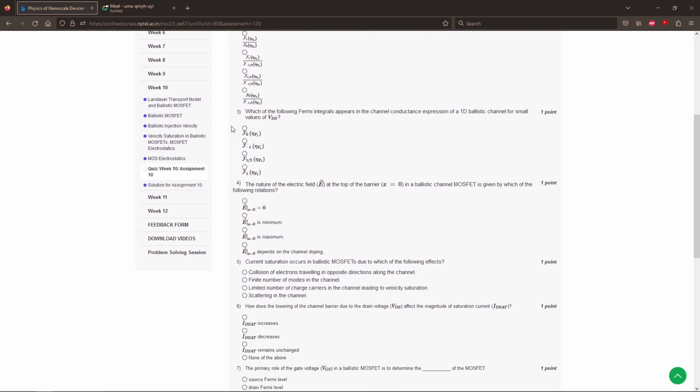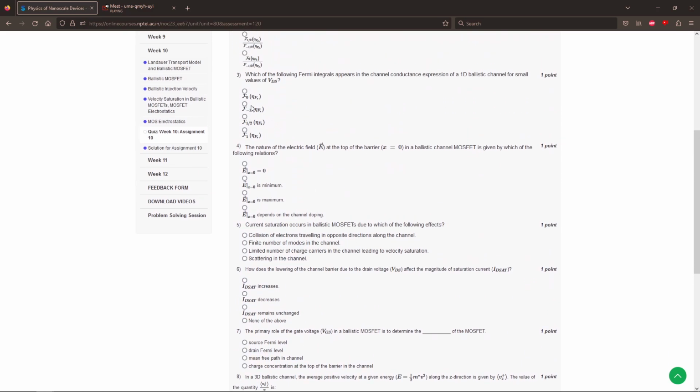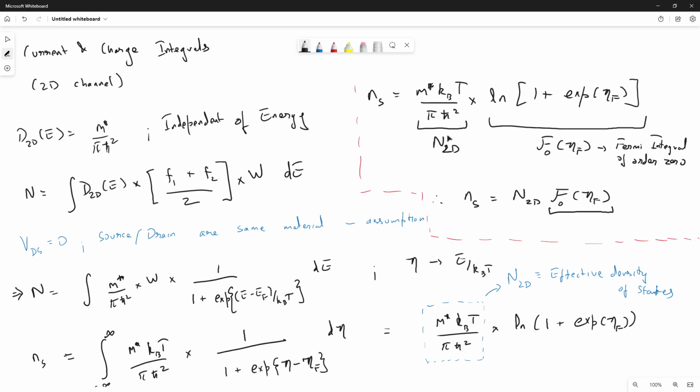Whenever such a question arises, look at the corresponding integral, substitute the necessary quantities, and find out what Fermi integral will appear there. And rest assured, what we have solved right now is not an assignment question. That is precisely why I'm solving it. So this is the logic to follow to solve those questions.